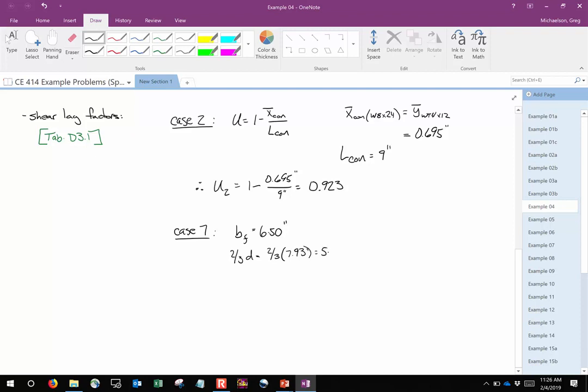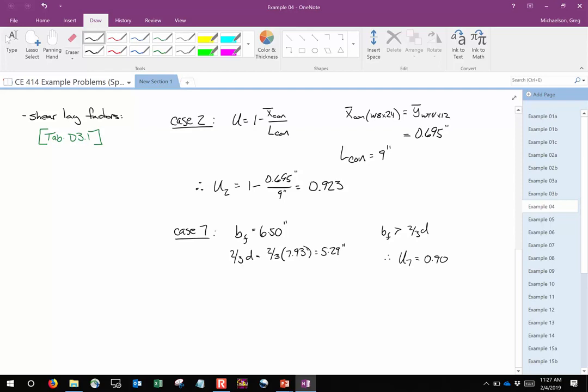And so that's 5.29 inches. So comparing BF and 2/3 D, BF's bigger. So what's our U value according to case 7? 0.9.